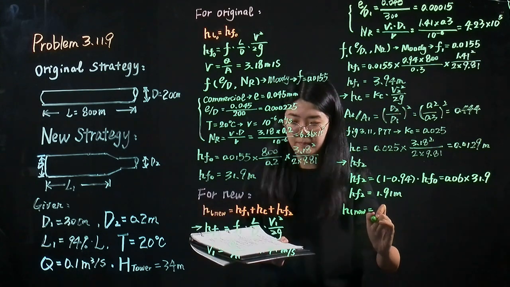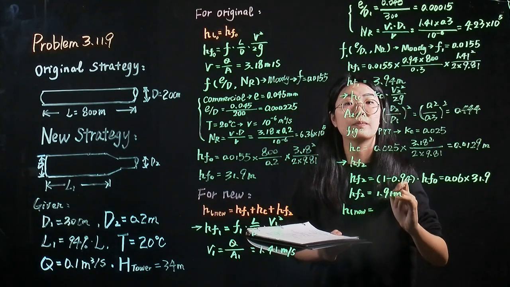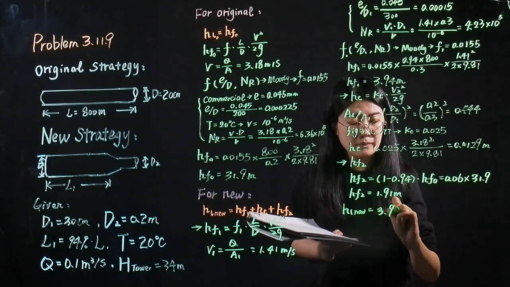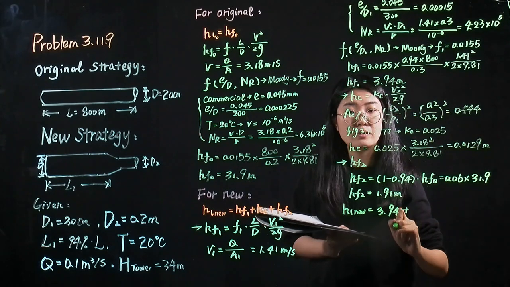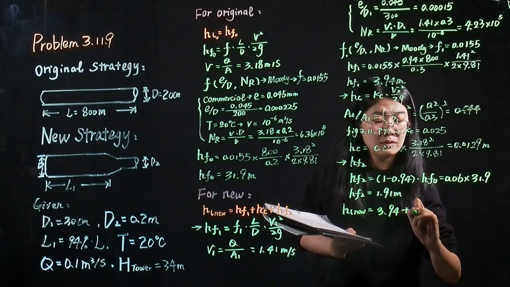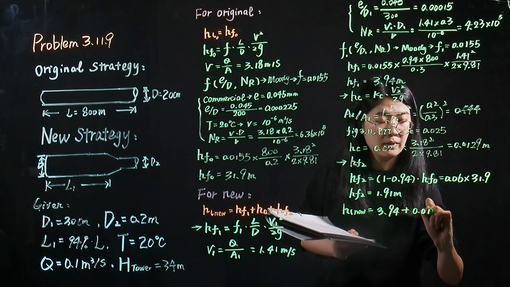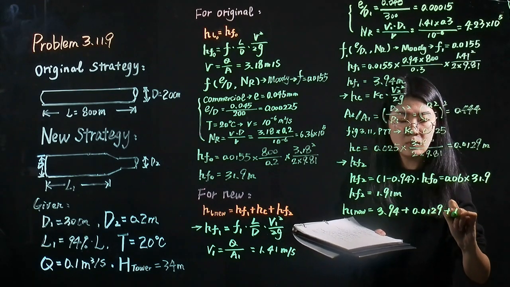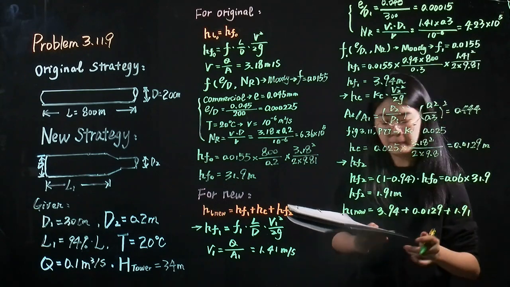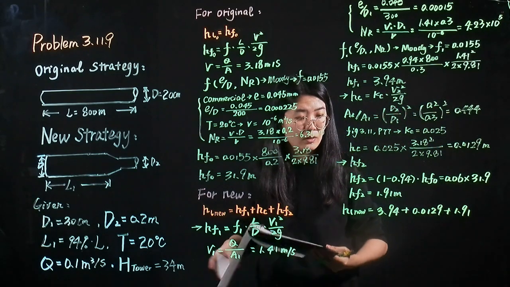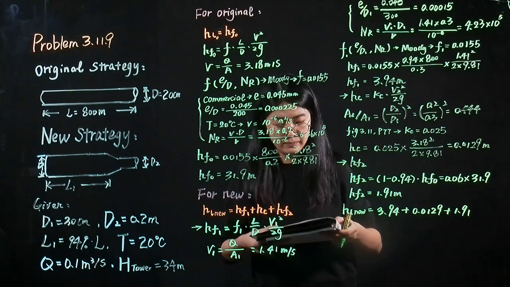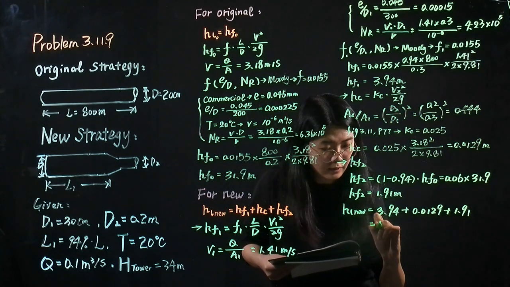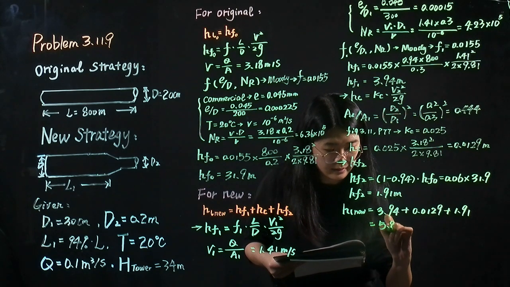It's 3.94 plus 0.0129 plus 1.91, which is equal to 5.86 meter.